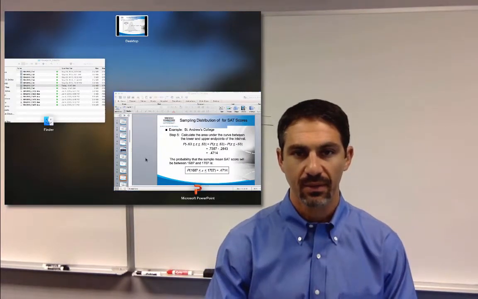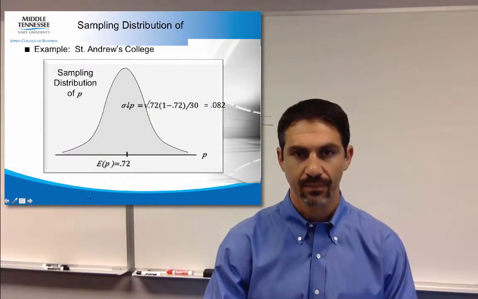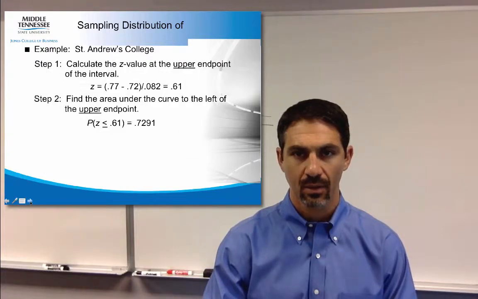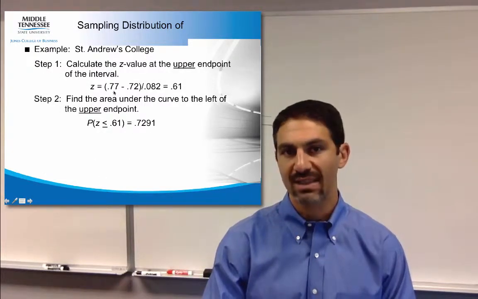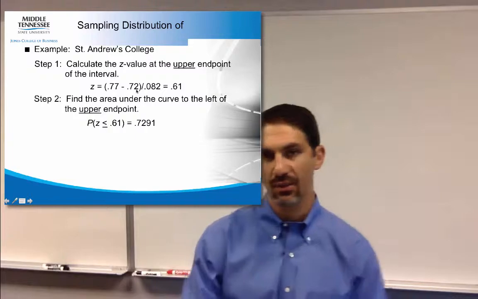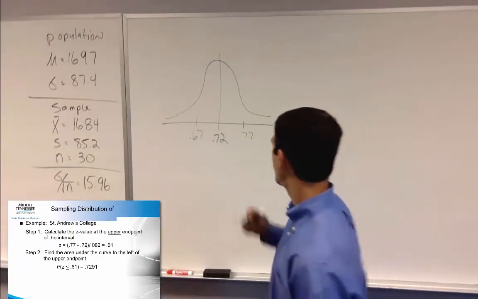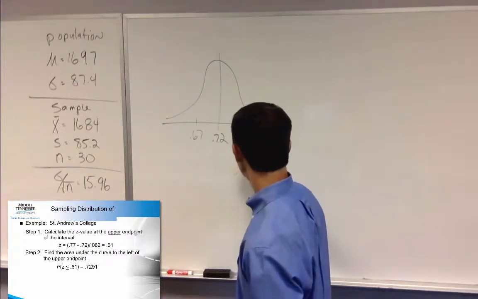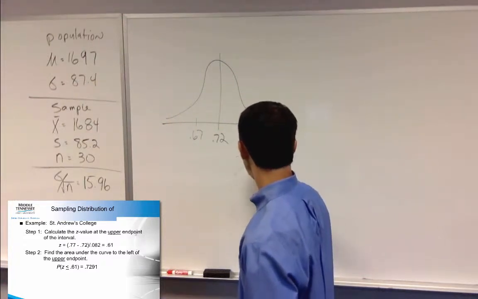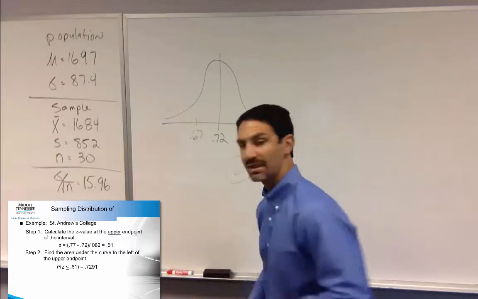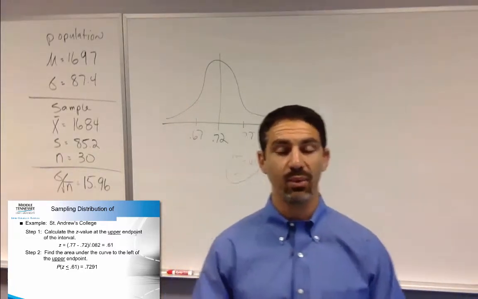And when we do that, we end up taking 0.77 minus 0.72 and then dividing by standard error, and that gets us 0.61. So the z-score at this point is 0.61. Okay, what do we do with that 0.61?